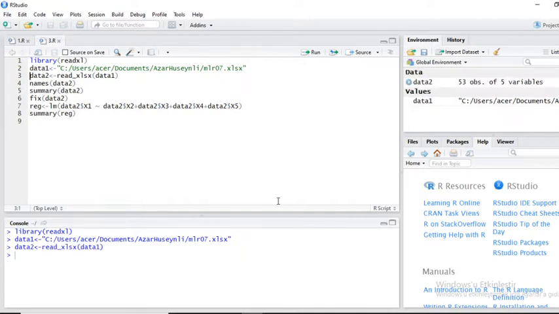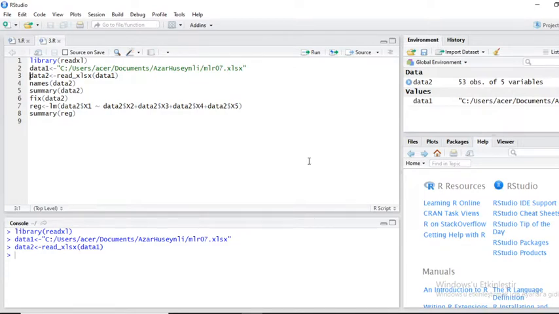So we have here 2 things: the value for the data, and the data itself, which has 53 observations and 5 variables.